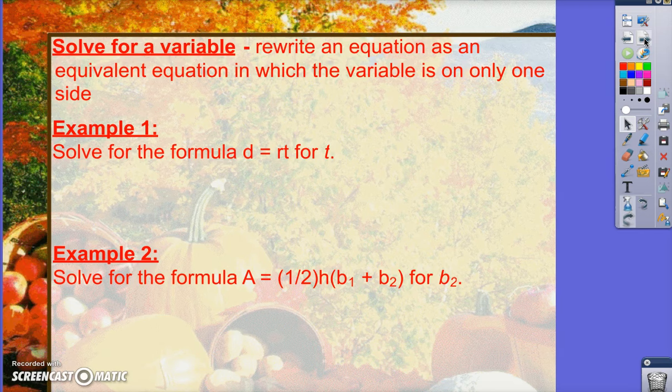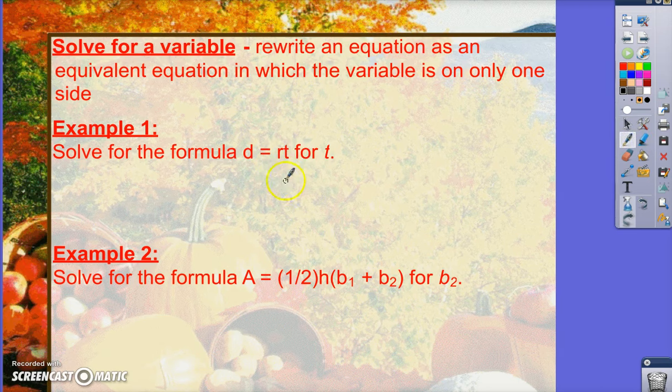So the next definition is solve for a variable. We write an equation as an equivalent equation in which the variable is on only one side. So we have two examples with the formulas that we just talked about. Example 1, solve the formula d equals RT for t. We want to isolate the t by itself, right?